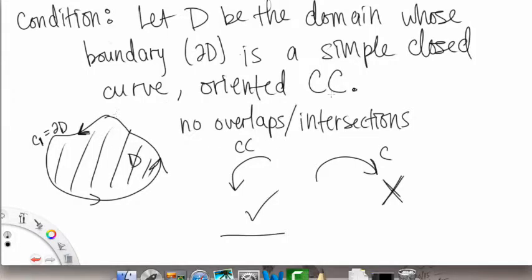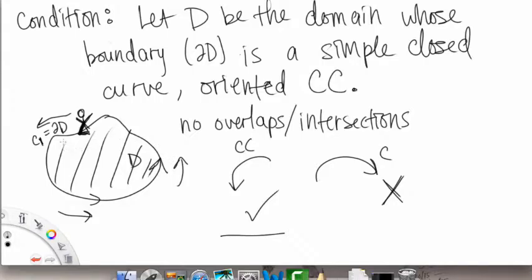Also, as far as the counterclockwise orientation goes, you can kind of picture pretending you're the arrow, facing the way the arrow is pointing. So this is you, my attempt to draw a little stick person. You're walking in the direction of the arrow, this way, and then this way, and then this way.